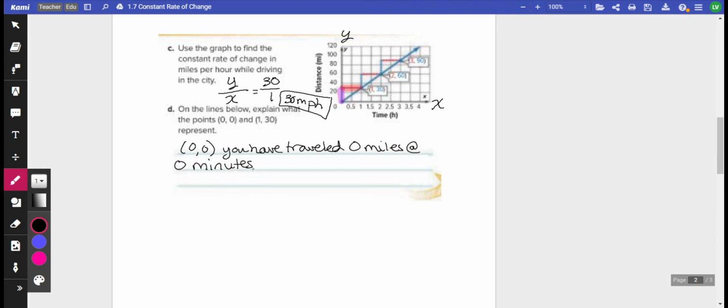You could also say that you have not traveled, no time has passed, so you haven't traveled at all. And then when we have the ordered pair 1, 30, that means that you have traveled 30 miles in 1 hour.